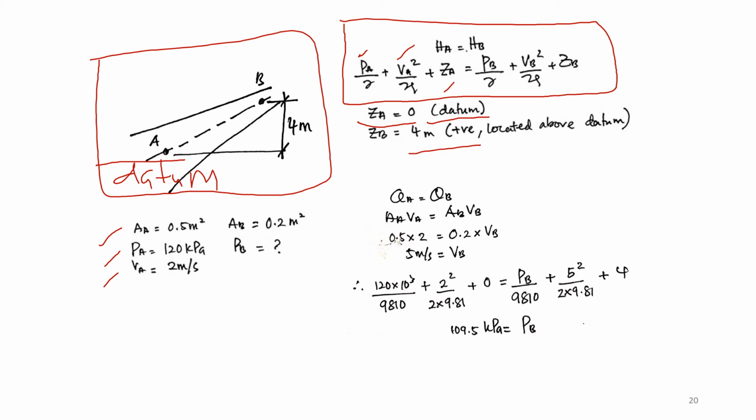Okay, then we can use the equation QA equals QB for flow rate. Flow rate A equals flow rate B, and then we can determine the VB, the velocity at B. Then we can substitute into this formula. So after we get the VB, we have only one unknown, PB, so we can easily calculate the pressure at point B.